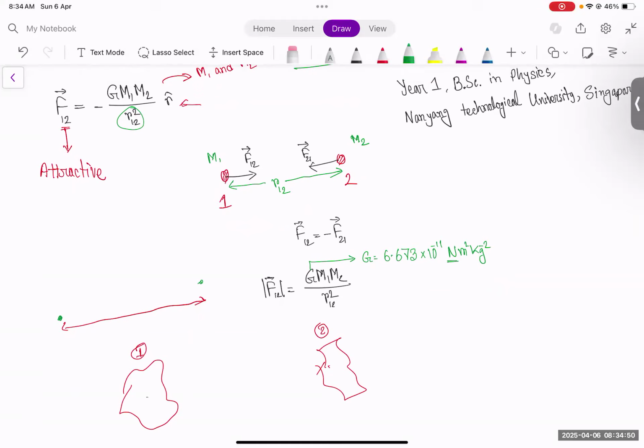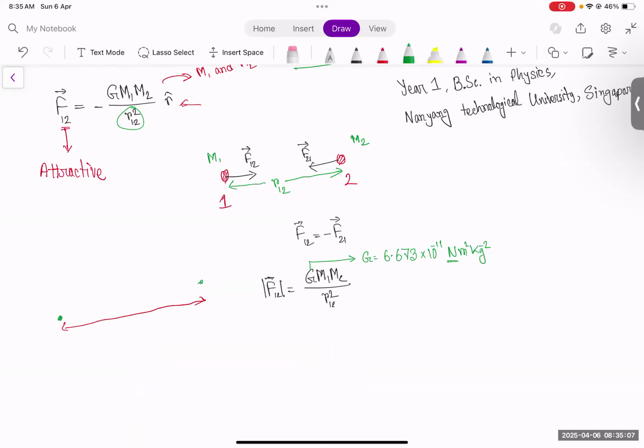What is the distance between these two objects? The answer is there is no certain way to calculate distance here. If you take different points, you get different distances. So this law is only applicable to point masses.